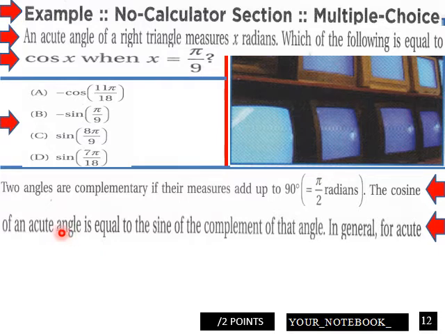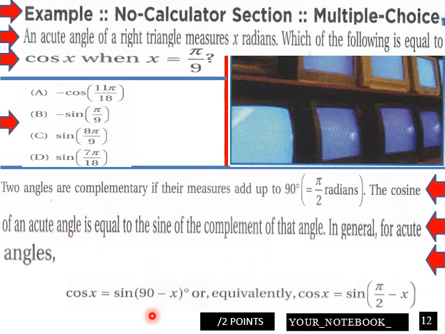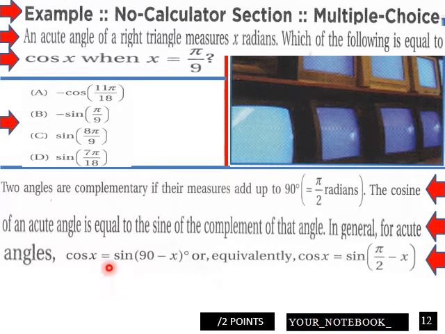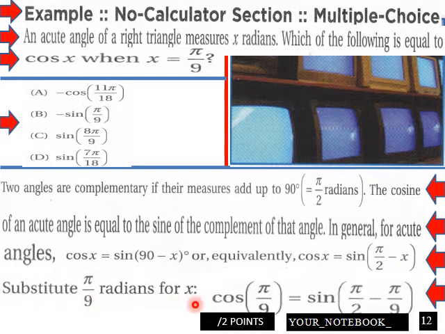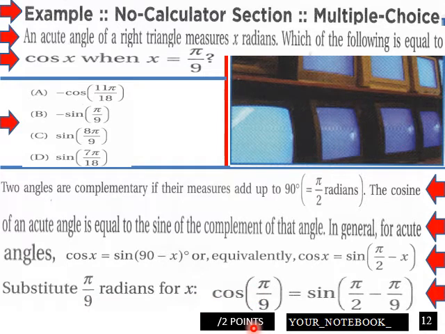The cosine of an acute angle is equal to the sine of the complement of that angle. In general, for acute angles, cosine x equals sine of 90 minus x degrees, or equivalently, cosine x equals the sine of pi over 2 minus x. Substitute pi over 9 radians for x, and we get sine of pi over 2 minus pi over 9.